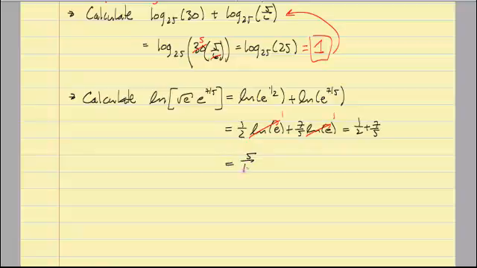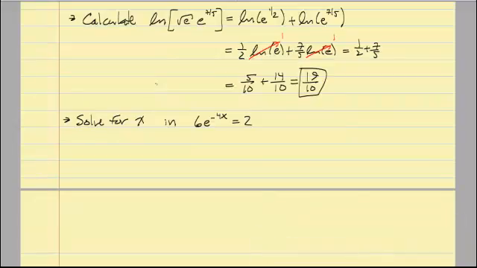The common denominator would be 10, so 5/10 plus 14/10 is equal to 19 over 10, and that's my solution. And again, I could have done this differently. I could have multiplied like bases, added the exponents, pulled that exponent out front, and it would have gotten to the same solution, just a little bit different way.